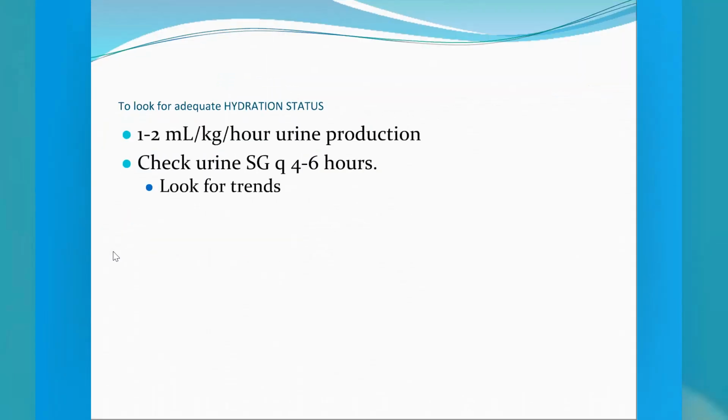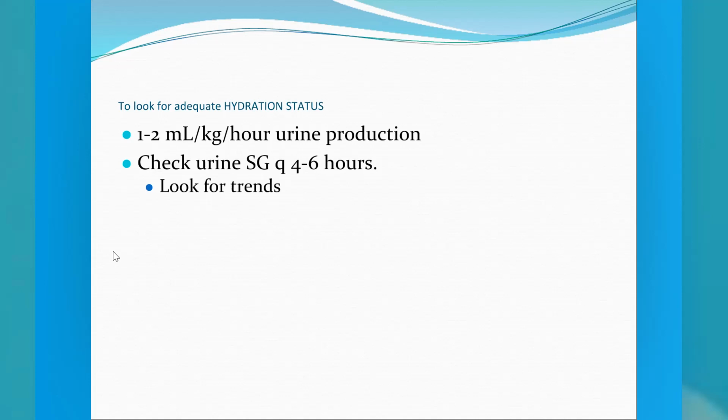Okay, so now we talked about how do we know how much fluid or urine they should be producing. So adequate hydration should be 1 to 2 mils per kg per hour. Okay, so we're gonna check for their urine specific gravity every 4 to 6 hours and looking for trends.